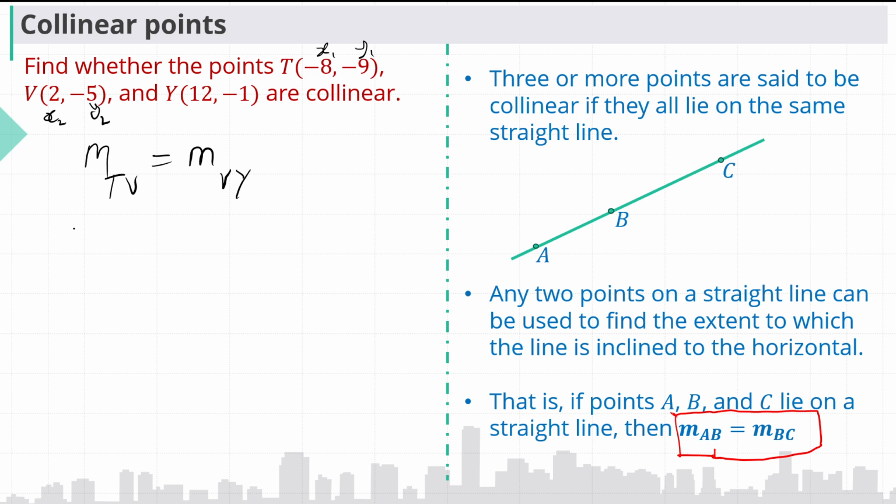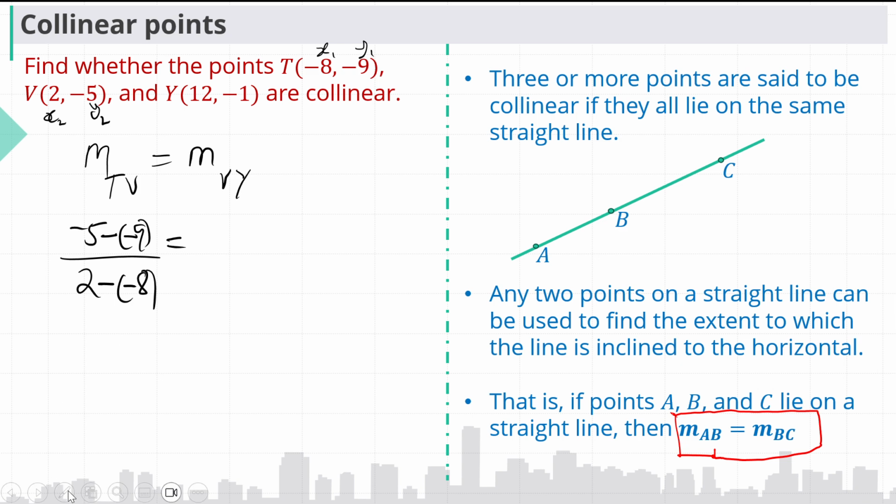So we get y2 minus y1 divide x2 minus x1. Now the right hand side.